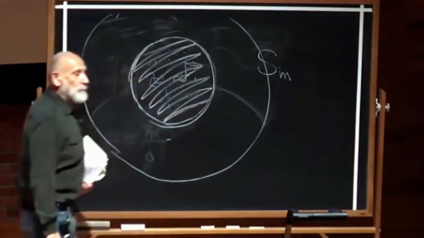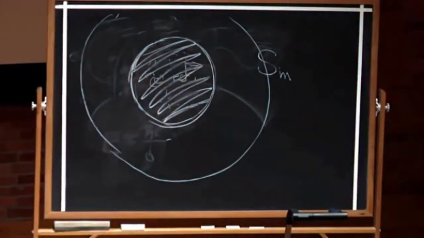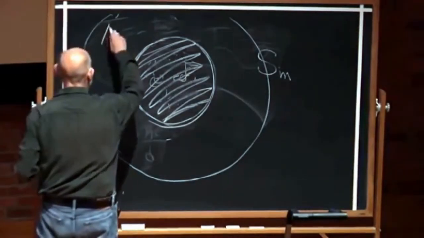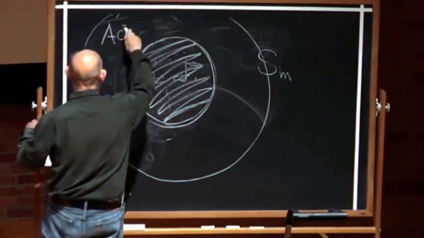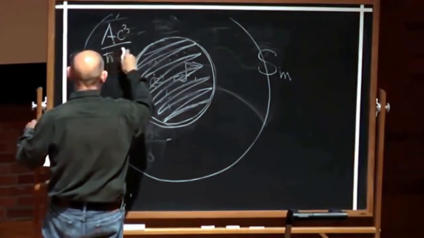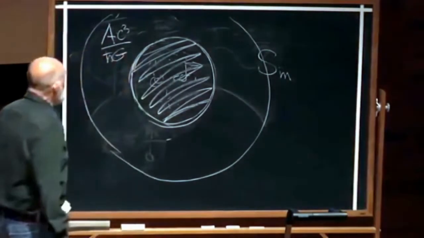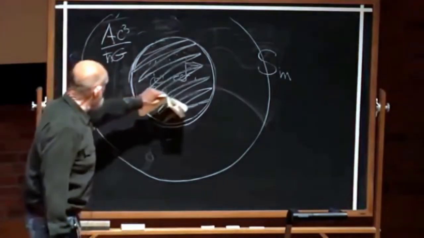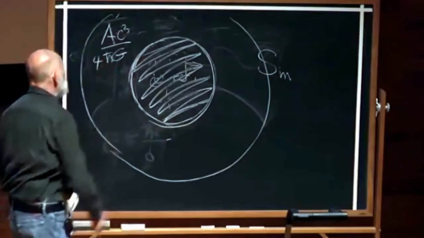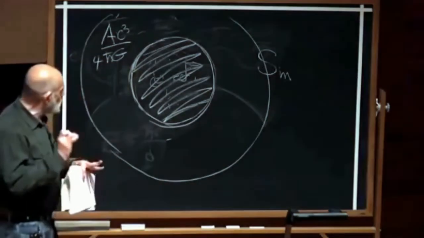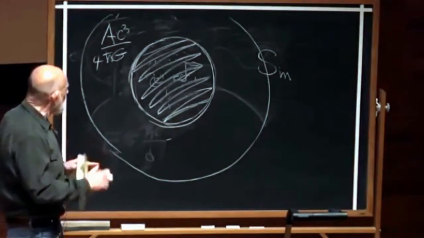What's the entropy of that black hole? The entropy of that black hole is the area of the region, just the same formula, times c cubed over h bar G. Most important is that it's the area in Planck units, 4 times that. It's the area in the units of this very, very small Planckian area.